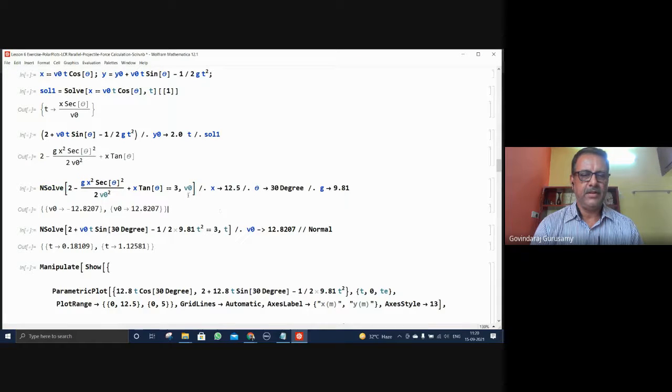Now I know all the parameters except V0, which appears as V0 square. There will be 2 possible roots and I can take the positive velocity. The negative one doesn't matter for me, since it is going down instead of going up. So you take V0 positive in this case. So my V0 is 12.8 meters per second by solving this numerically.